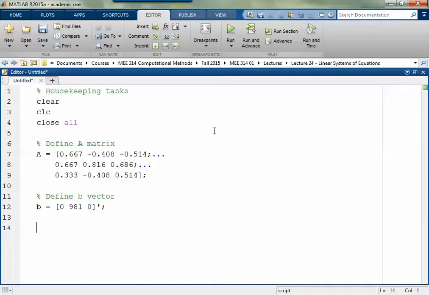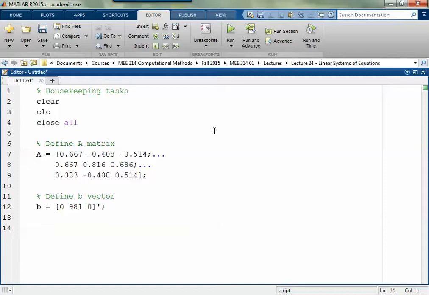So instead of doing regular old matrix division, we're going to use the backslash operator. You end up solving for x, and you end up saying A backslash B.